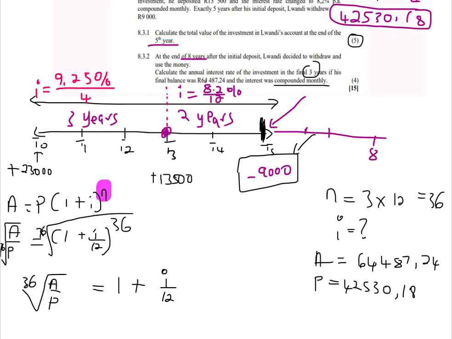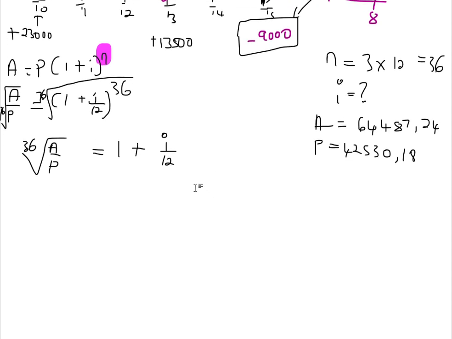Remember that this 36 and this 36 will cancel, and the remaining will be what is inside. So now I can take the 1 to the other side and it becomes negative, right? So this will be the 36th root of A over P minus 1.